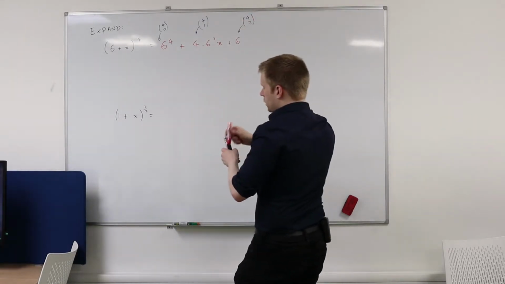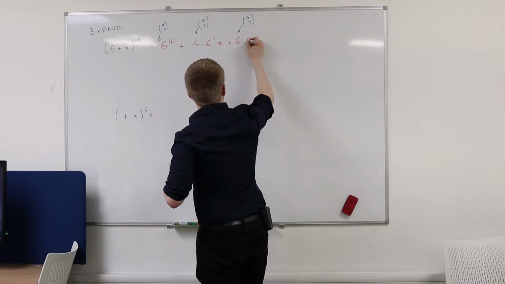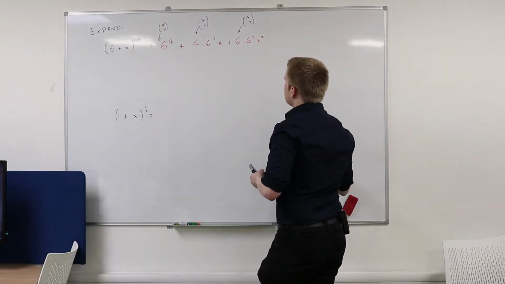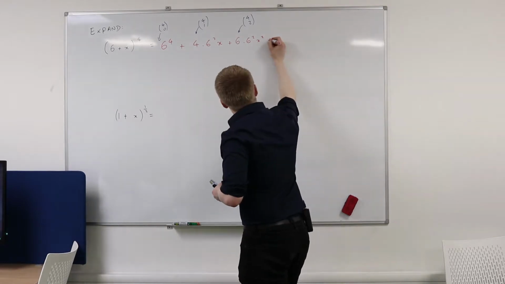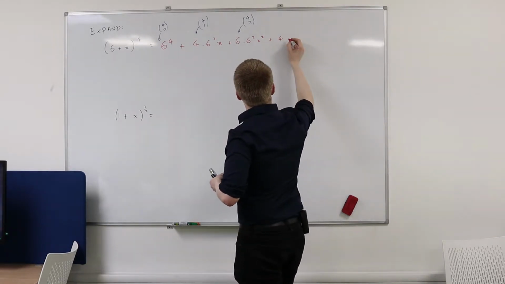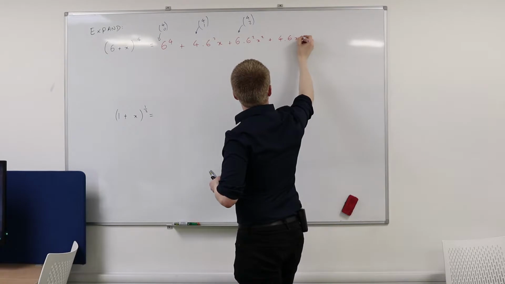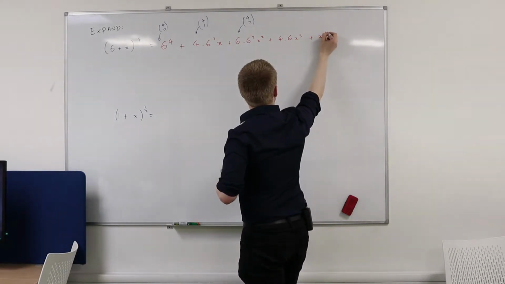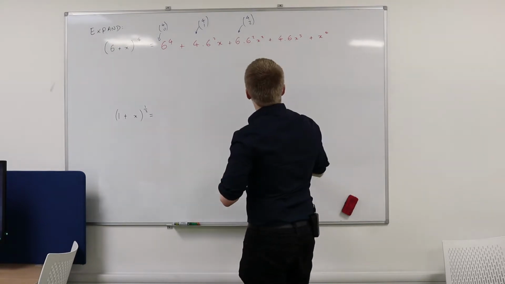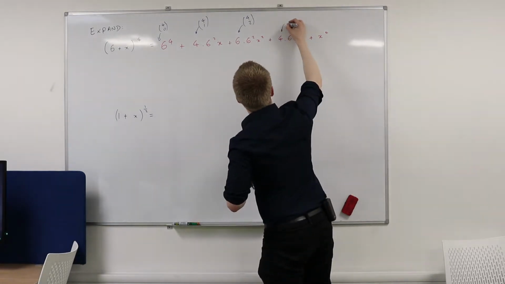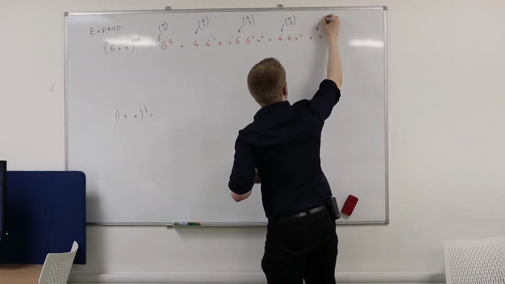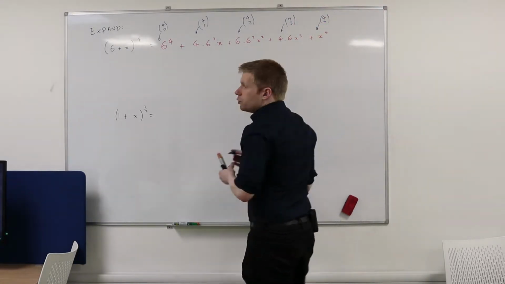Finish this term for me then. Good. Well done. So again, we're climbing down in the 6's and climbing up in the x's. Next term. Good. And then finally, good. Okay. And you notice that this coefficient, this 4 here, corresponds to 4 choose 3. And this coefficient, this 1 here, corresponds to 4 choose 4.